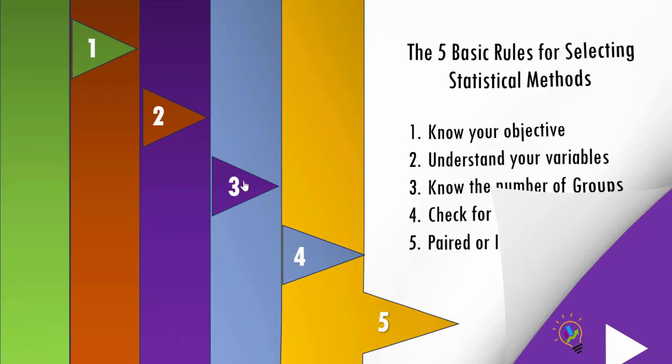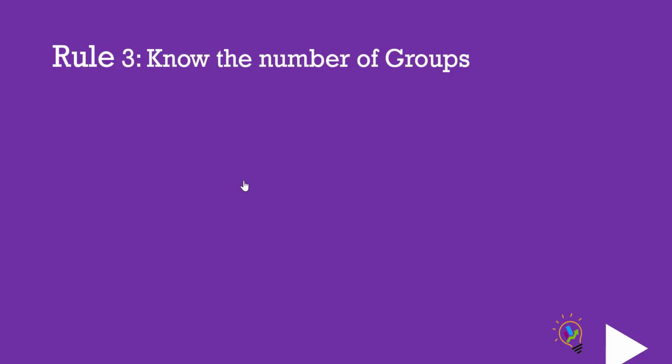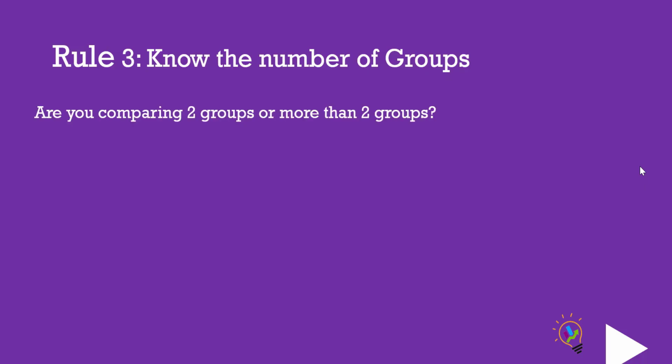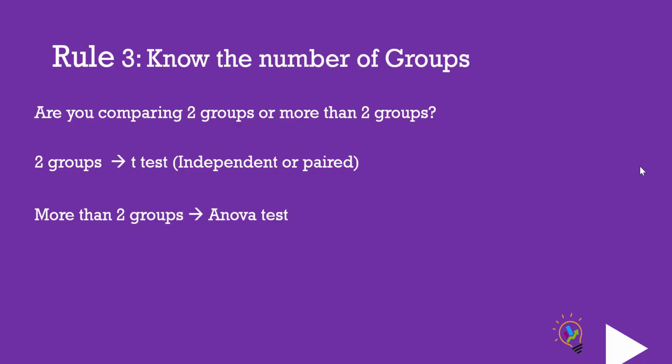Third rule is know the number of groups. In the analysis, we need to know how many groups we are involving. For example, if we have exactly two groups, then we are going to use a t-test, whether it is independent t-test or paired t-test. If you have more than two groups in the analysis, then we are going to use ANOVA test.